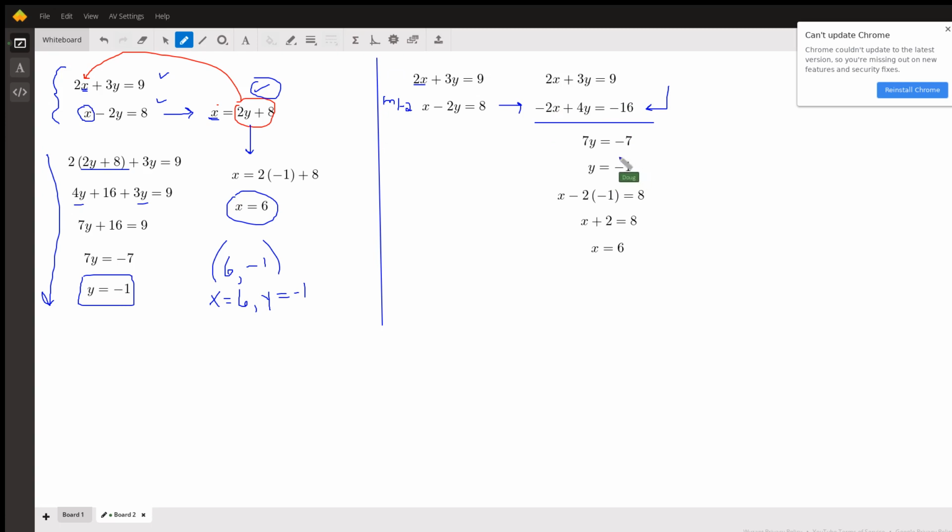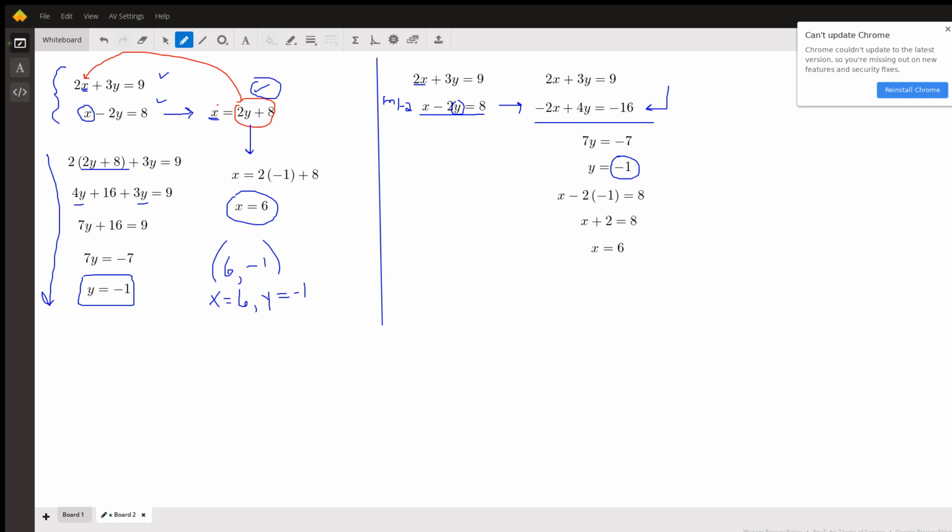And now that I know that y is -1, I can substitute that value for y in any of the equations. I use this one again. x minus 2 times, there's where I put the -1, that's what y is, and that results in x equals 6. So either method, addition-elimination or substitution, gives you the same answer.